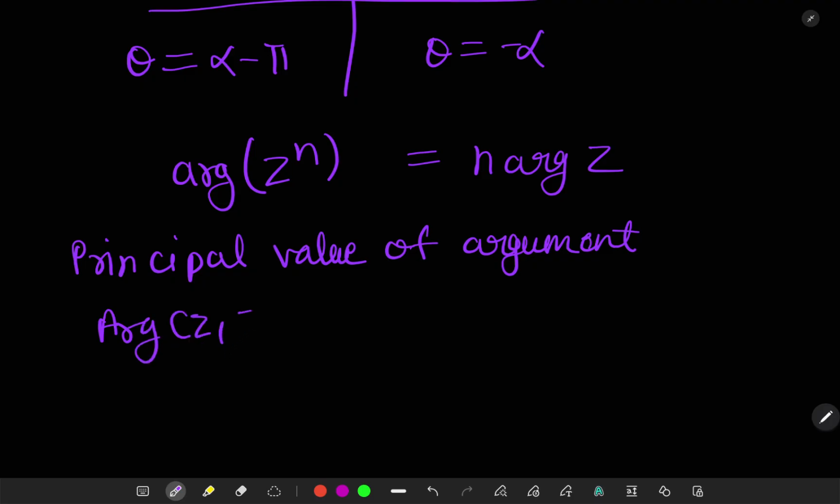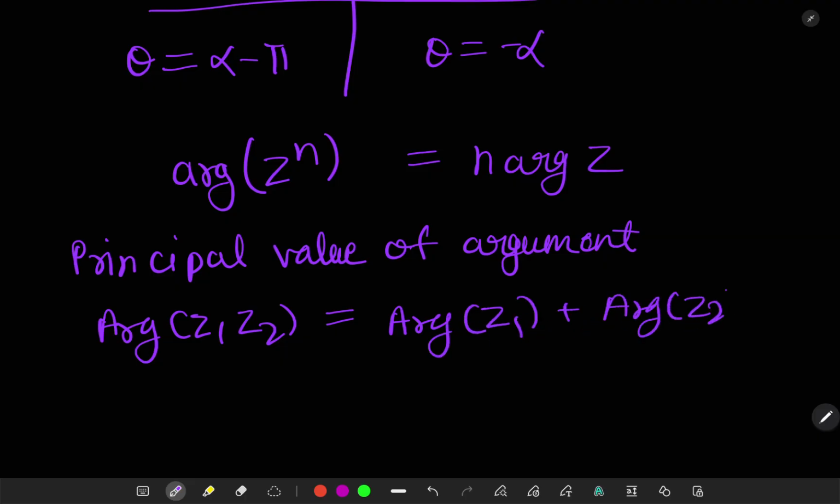Argument of z1 z2 is equal to argument of z1 plus argument of z2 plus 2 pi n.